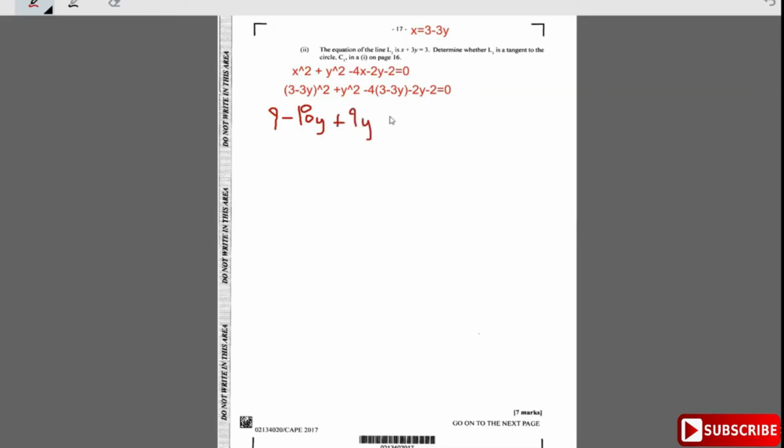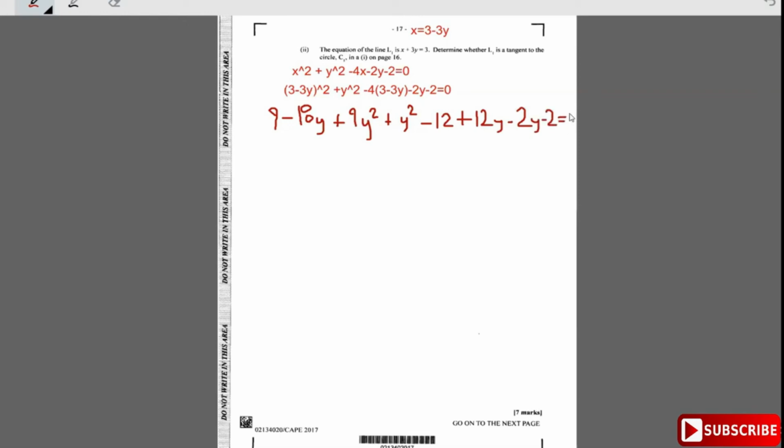Plus y squared again. Then we have minus 4 times 3 is negative 12. Then we have minus 4 times minus 3y, minus and minus give us plus. So we get plus 4 times 3 is 12y, minus 2y, minus 2, and this is equal to 0.